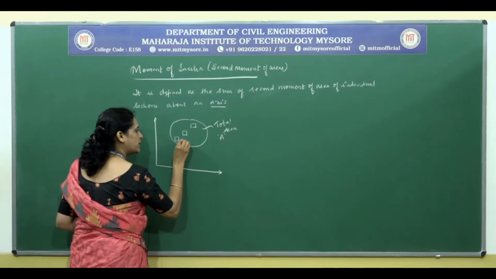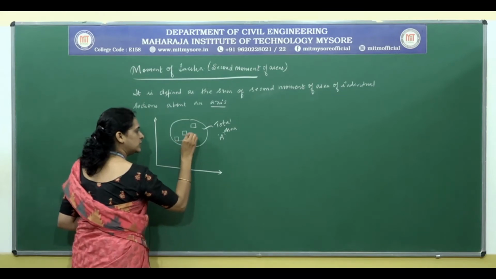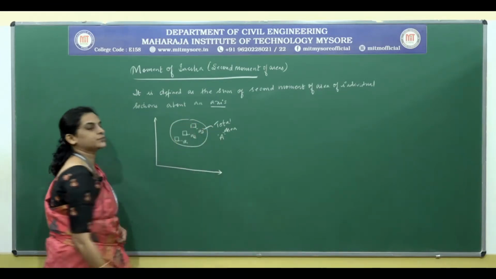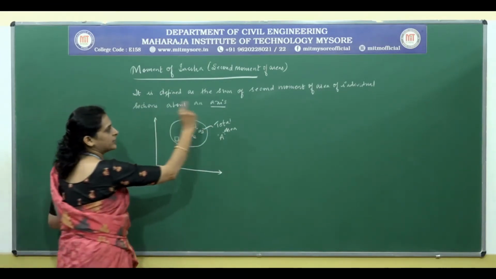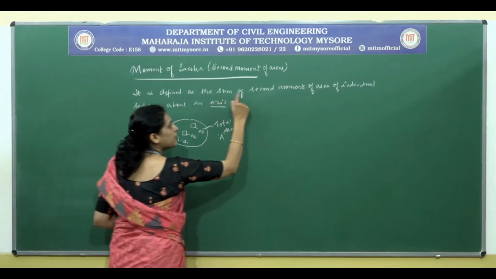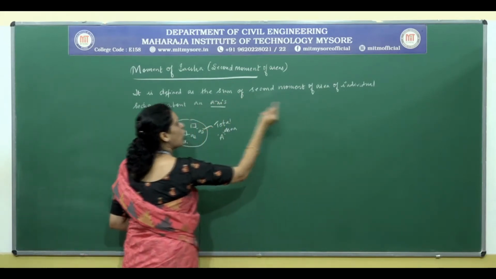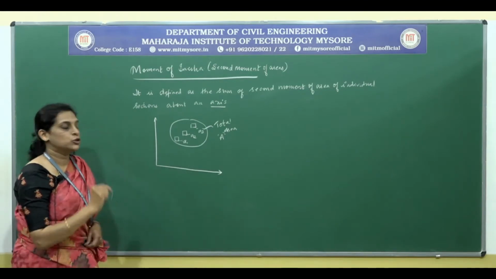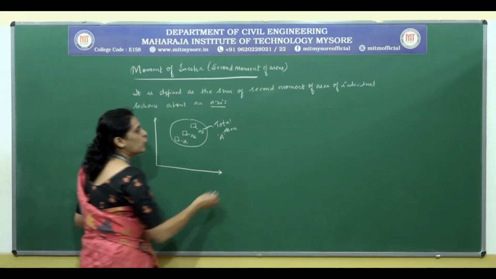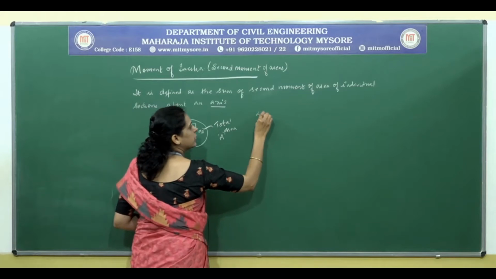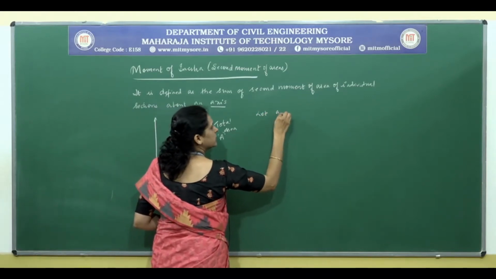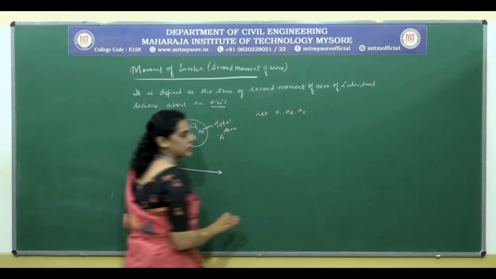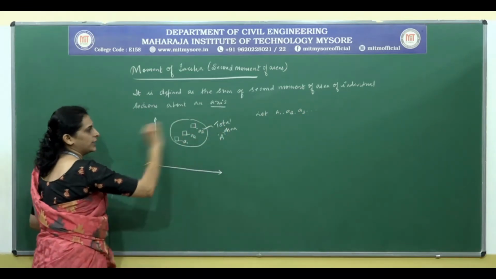We shall name them as A1, A2 and A3. So as per the definition, it is the sum of second moment of area of individual sections about an axis. First of all, we will consider some small elementary sections within this whole area.